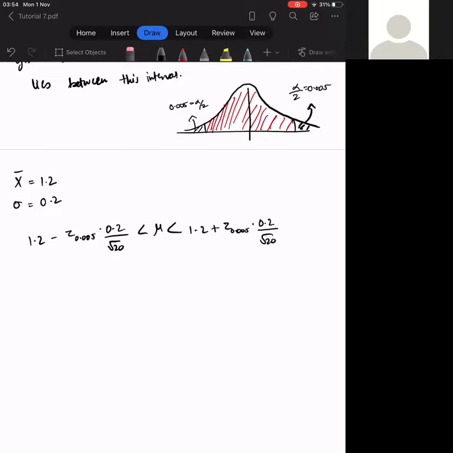You can find these values in the z table, but this gives us an interval as follows: 1.0848 to 1.3152, with 99% confidence.